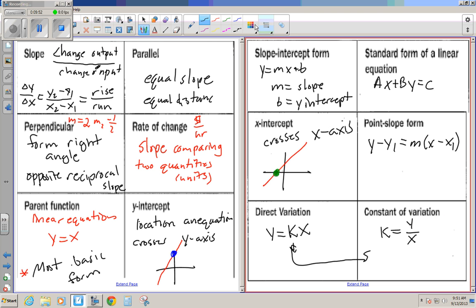Basically, direct variations always go through the origin. They always go through 0, 0. They're also always straight. So if you have a straight line that goes through the origin, it's direct variation.